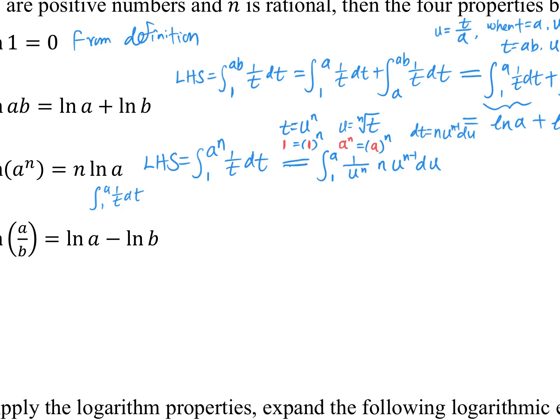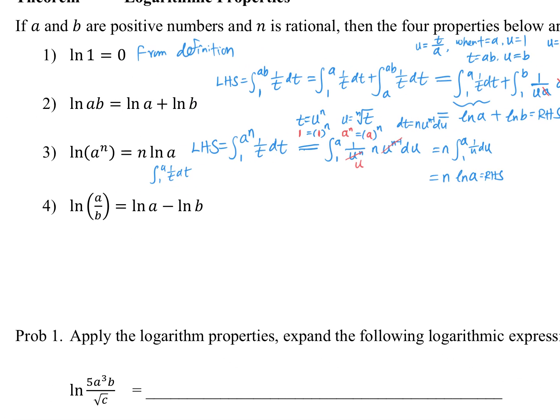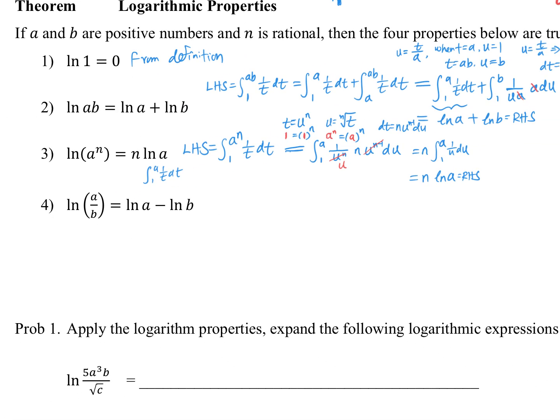And we have some cancellation, so you're left with u here. n is just a constant, so you can pull it out of the integral. You're left with the integral from 1 to a of 1 over u du, which is ln a, the right-hand side. So this is how we prove property number 3.